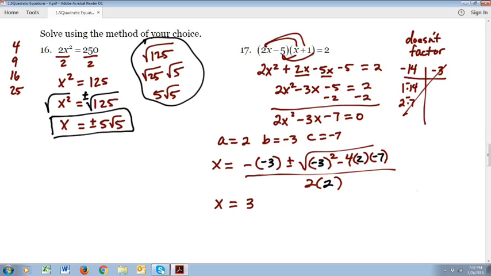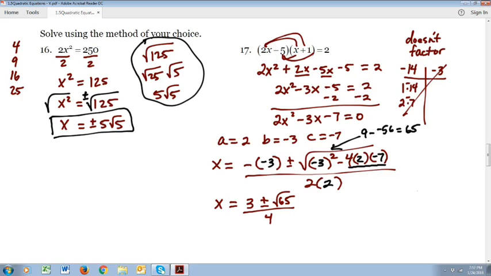So we're going to get 3 plus or minus, and when you simplify inside there, you got a 9 minus, you got to multiply 4 times 2 times negative 7, which is negative 56. So that's 9 plus 56, which is 65. So this is just the square root of 65 over 4.